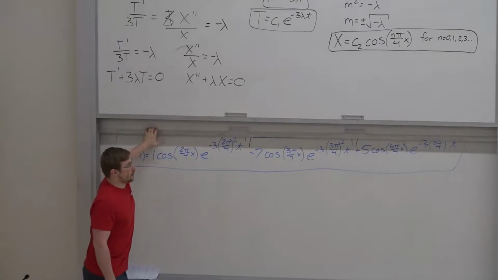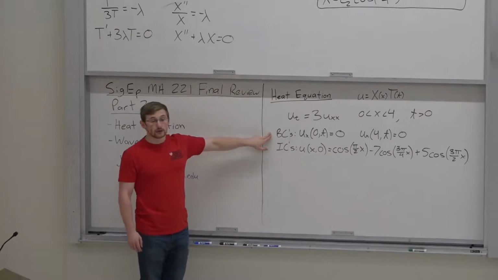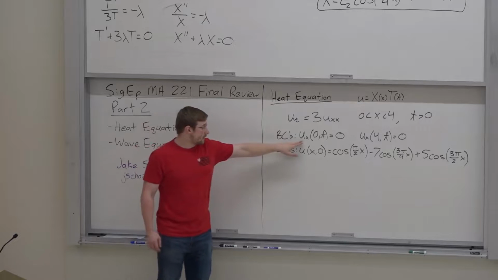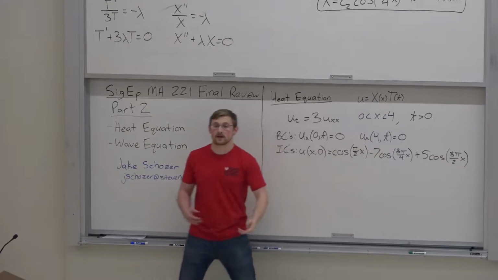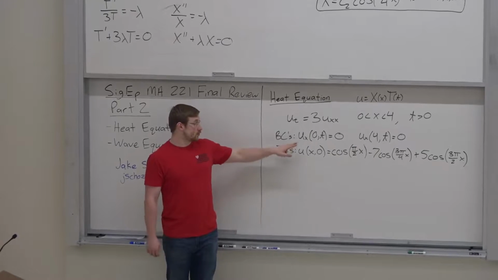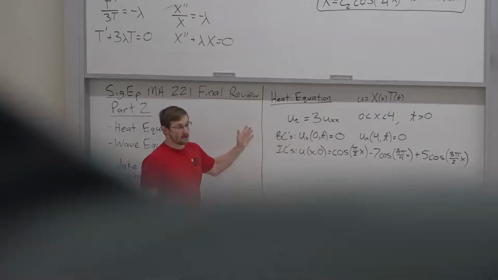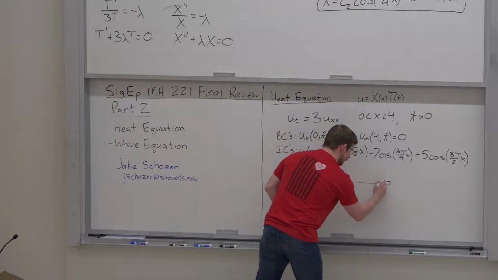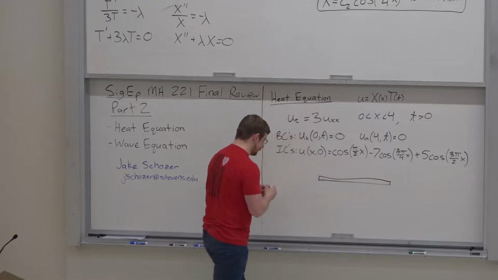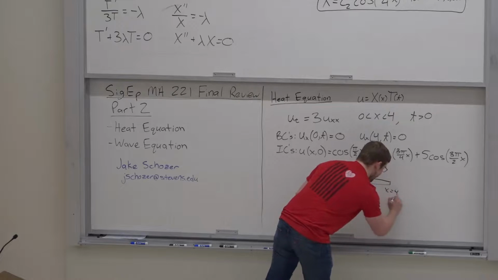And now, that's what's going on in the heat equation. What our boundary conditions are saying is that u sub x at 0 and 4 is 0. So this is saying that the derivative in the x direction at the left end of my rod is 0. Imagine right here is our rod that we're heating. Here we have x equals 0. Here we have x equals 4.